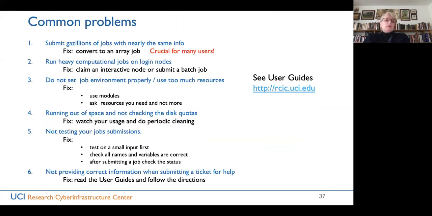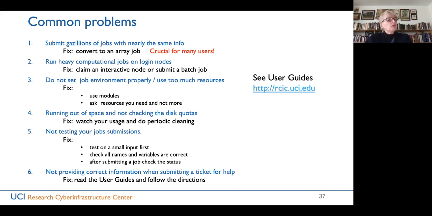What are the common problems for the users that we have seen on HPC, which may translate to HPC3 as well, and how to avoid them? Some users submit really many jobs that have nearly exactly the same submit files, and the only difference is the parameters to their application.